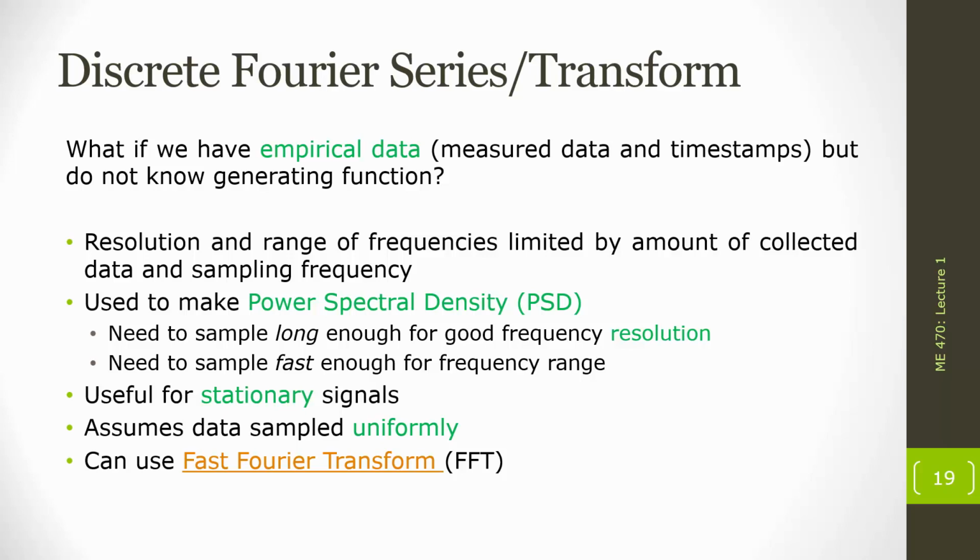There are a lot of tools built into MATLAB or whatever program you're using to do your signal processing that are going to find these coefficients much more efficiently. And that's where an FFT routine is going to be useful. We're also going to look at, when we get into power spectral density, using something called pwelch in MATLAB, which is again going to be a more advanced method for finding these coefficients and then plotting them in a power spectral density.